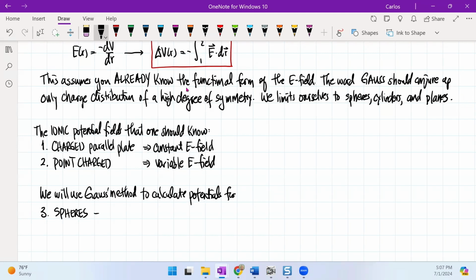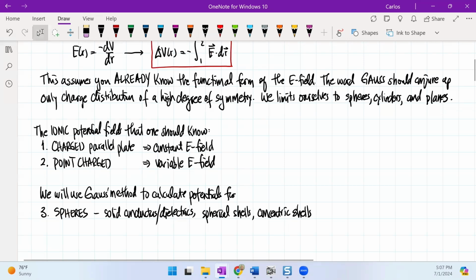We could have solid conductors slash dielectrics. We can have spherical shells. And the other thing that we should look at is concentric shells. So when we're dealing with spheres, we're going to be looking at that.